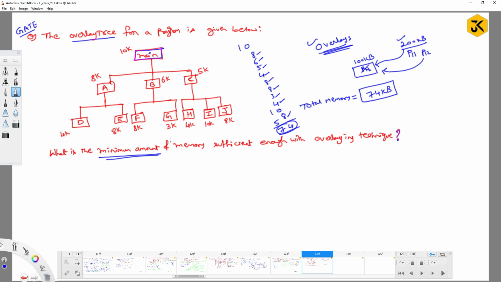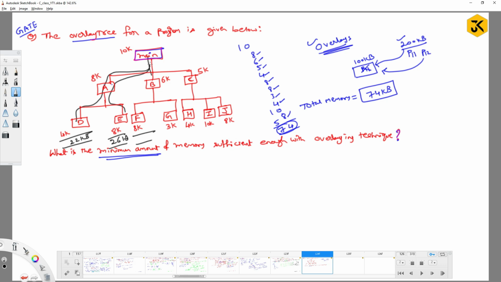Now, if I go with the overlaying technique according to this requirement, what will happen? Try to observe. This is one part of execution where you get 4 plus 8 plus 10, which is 22 KB required, and in this particular path you get 16, 26 KB.